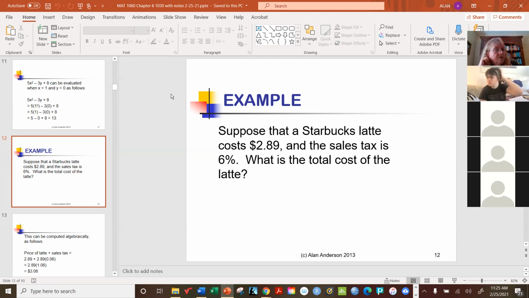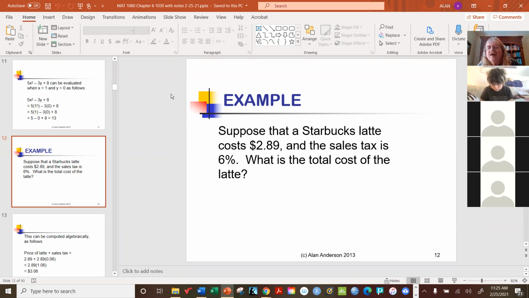Now, normally they do this for you. You just say it's X dollars and you pay it. How would you figure out the total cost then? What would be your approach? What do you think would be a good strategy for figuring this out? Let's say that the cash registers, for whatever reason, the computers at Starbucks, the part that calculates the sales tax is not working today.